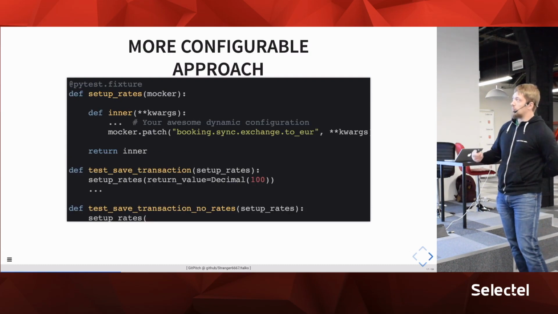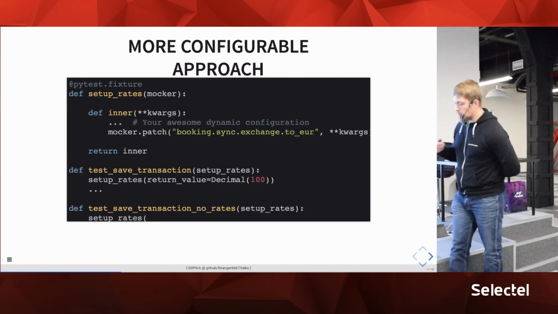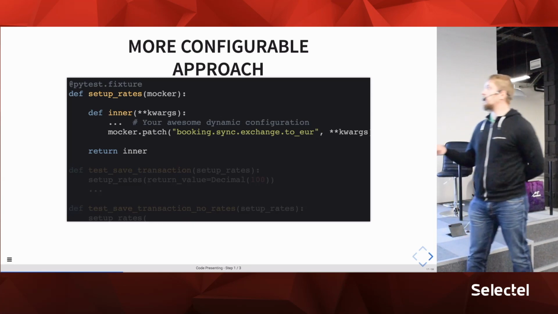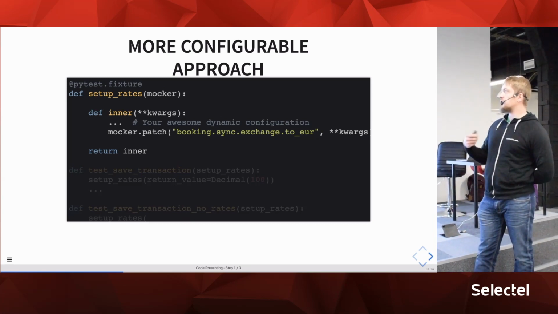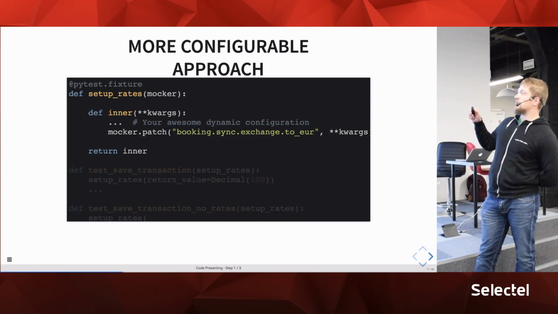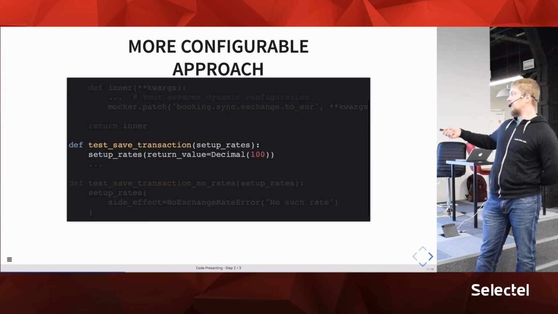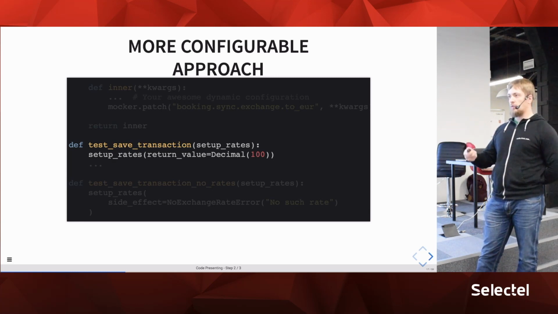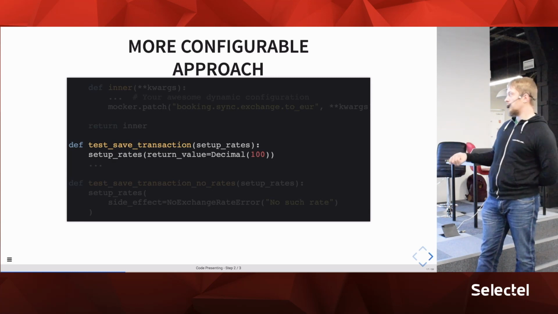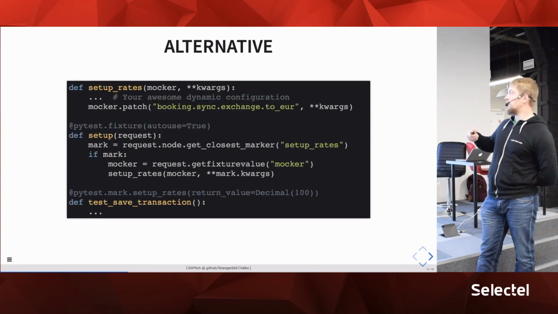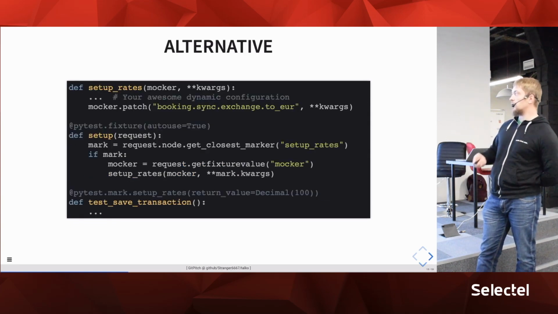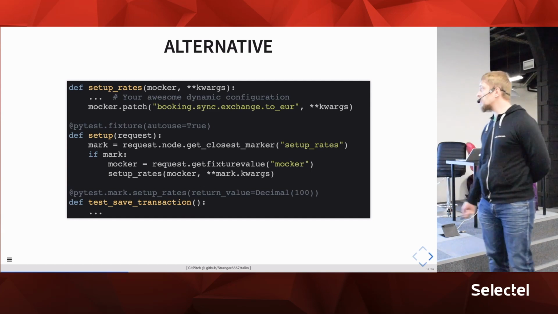We could refactor it into something more configurable. We could extract it into a separate fixture, have some inner function that will be called in tests like this. So we have more reusable code. Or it could be even something like this with the autouse feature from pytest.